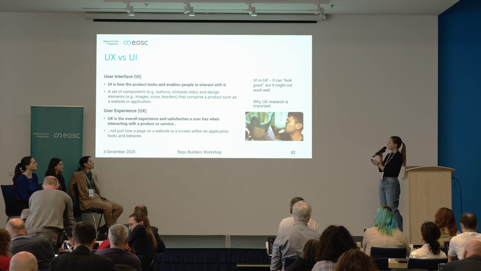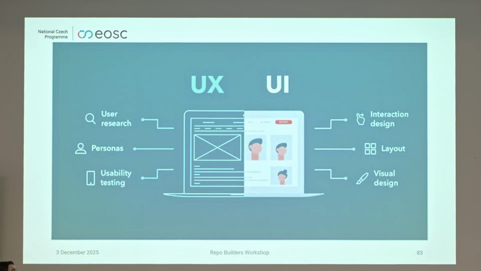And here is a really nice picture about it in more detail. On the right side, you can see UX. It's more about user research, because you have to find out what your user needs, what your idea is, what you want to deliver, to whom, who your target groups are, and how you want to deliver to them.